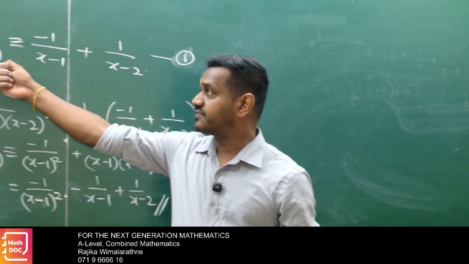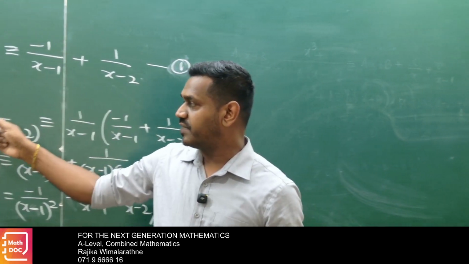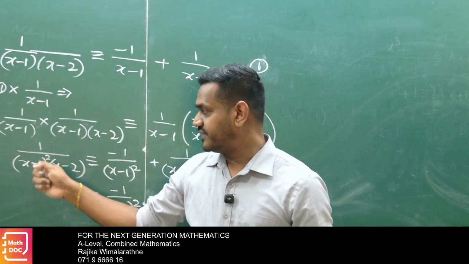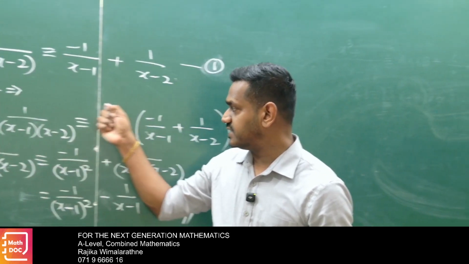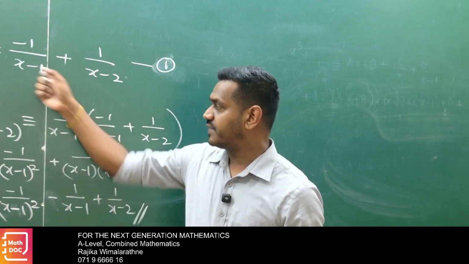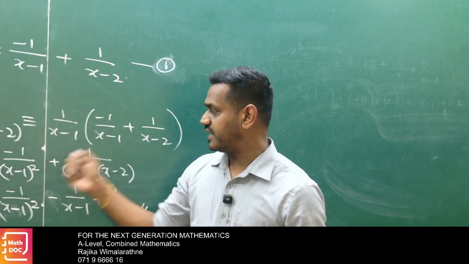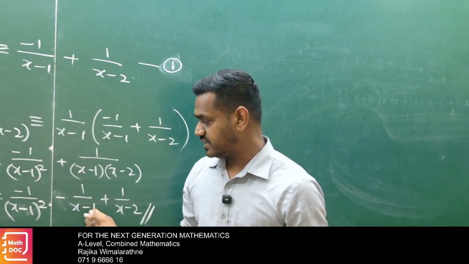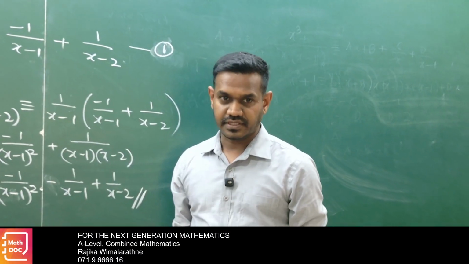Here the initial partial fraction, so we have to raise power here. That's why I multiply by 1 over x minus 1. Then we can raise this power. Then right side similarly you expand. Here we have to multiply this by 1 over x minus 1, then expand. Then for this part we know partial fraction initially. Put it there, no? That's how we do.